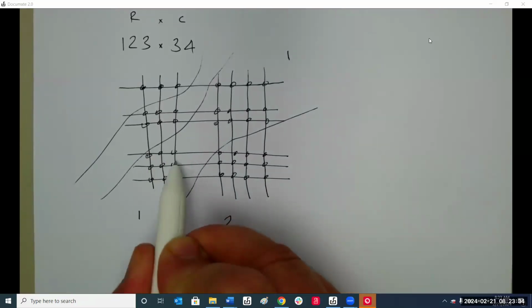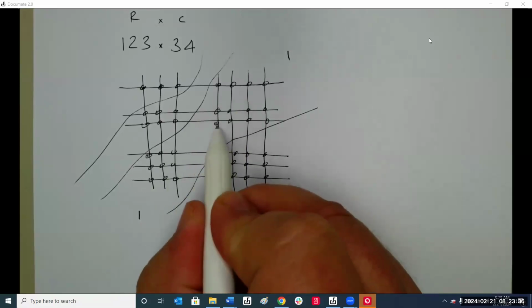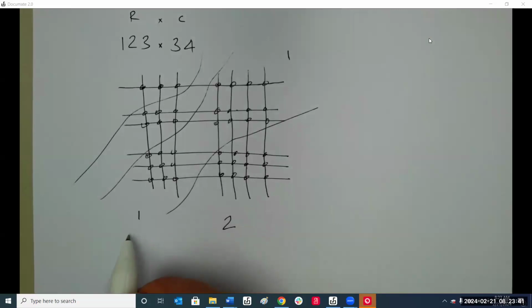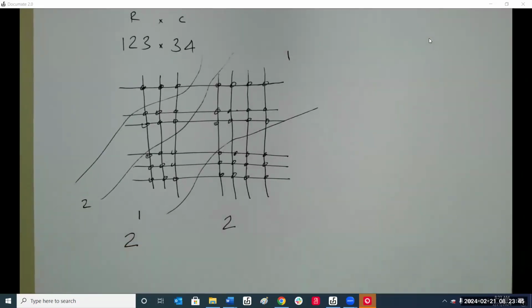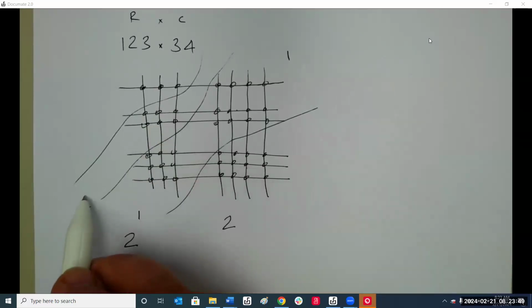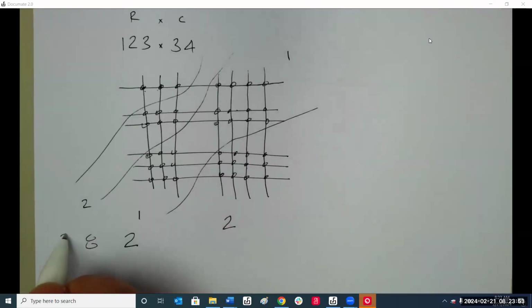1, 2, 3, 4, 5, 6, 7, 8, 9, 10, 11, 12, 13, 14, 15, 16, 17, 18, 19, 20, 21, 22. So it's going to be a 2, carry the 2. 1, 2, 3, 4, 5, 6, 7, 8. And then 3.